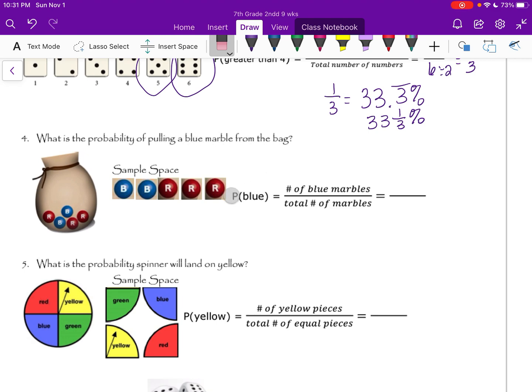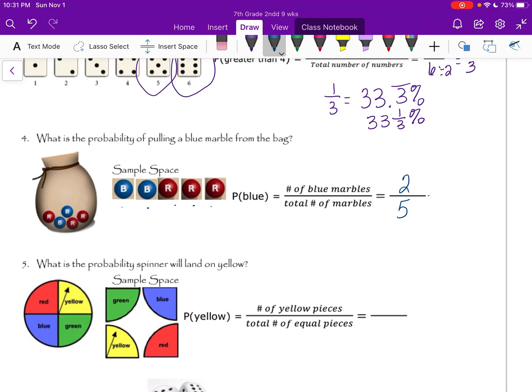All right, number 4, going back to that bag, it says, what is the probability of pulling a blue marble? So we have the probability of blue. We have 2 blues, 3 reds. So the number of blues is 2 out of 5. I almost put 6 because of the dice. So 1, 2, 3, 4, 5. Can't be simplified, it's already simplified.